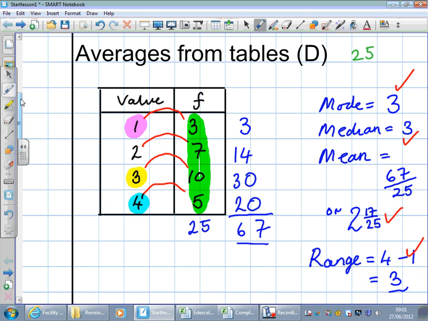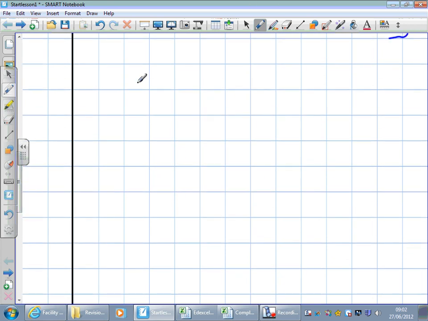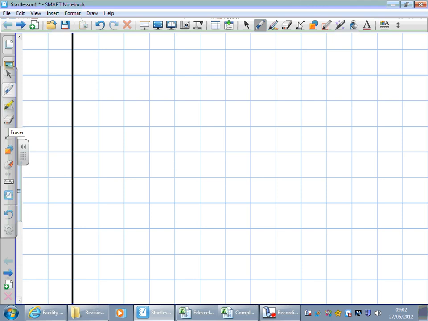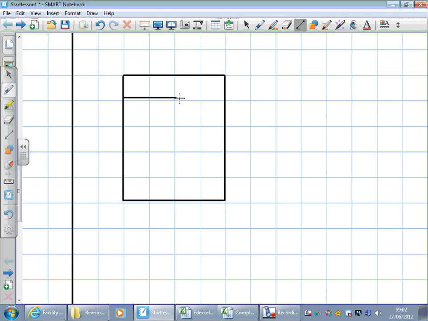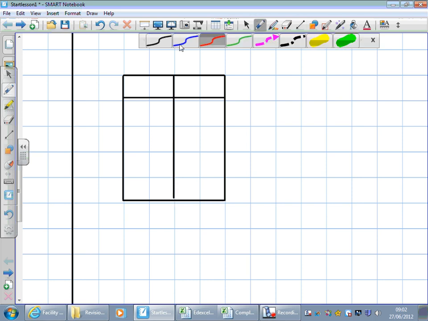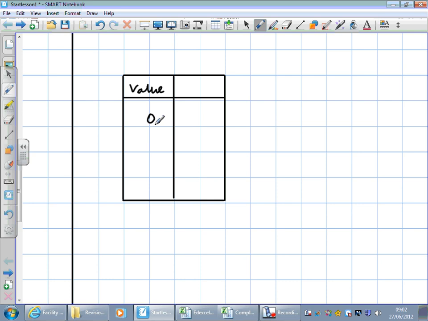Right. What I want you to do is, as I said before, maths is a doing subject. I want you to copy out this table, and then I want you to work out all the things we worked out just then. That is, find the 3 averages, and work out the range.